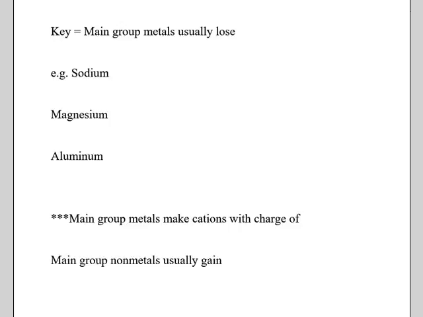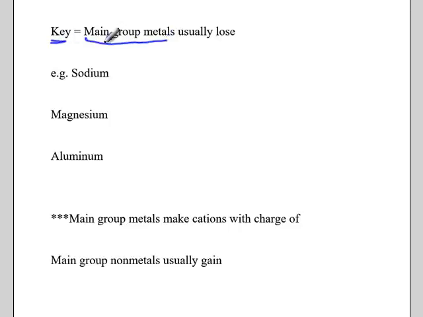Now we're going to take that one step further and figure out how many electrons are either going to be gained or going to be lost. And the key again is on the periodic table. So if we're talking about a main group metal, remember that's the first 2 columns, 1 and 2, and then the last 6 columns, 13 through 18.